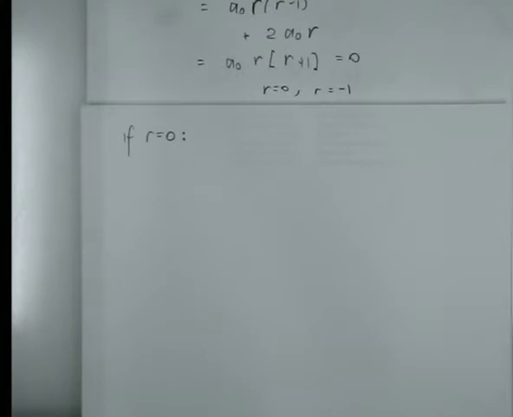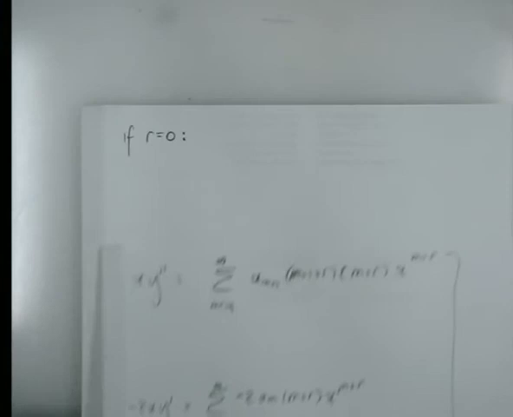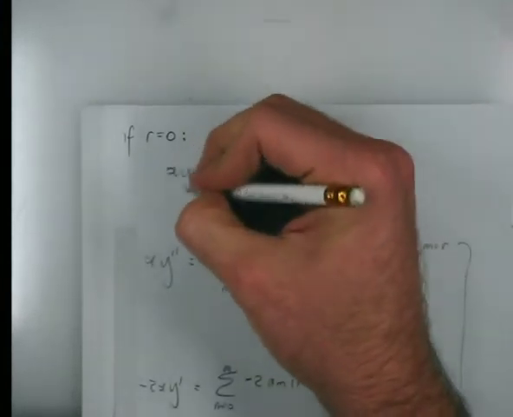So we go back to our equations that we had and we sub in r equals 0. So if r equals 0, we've got x, y double dashed.